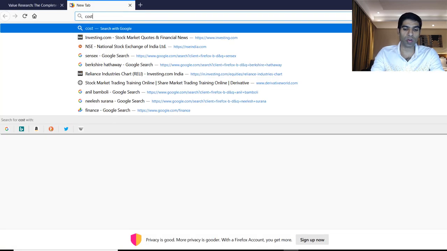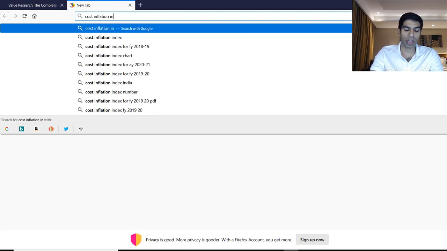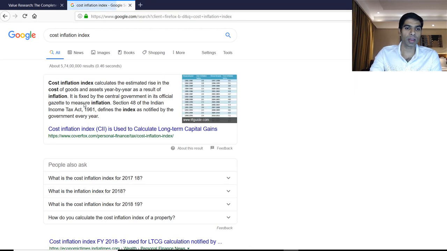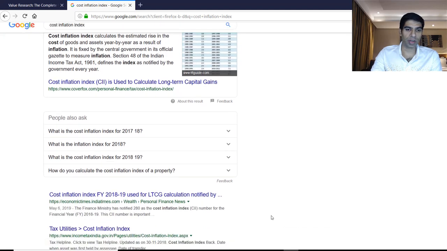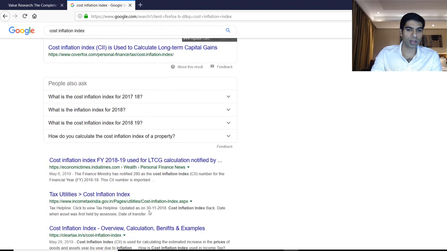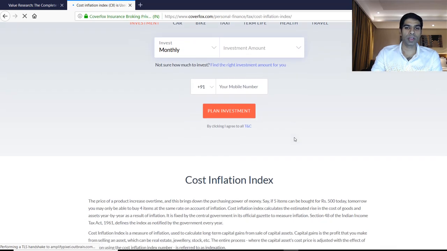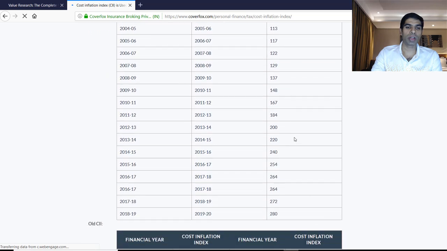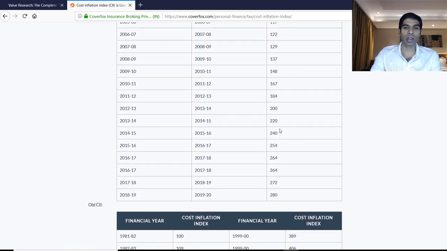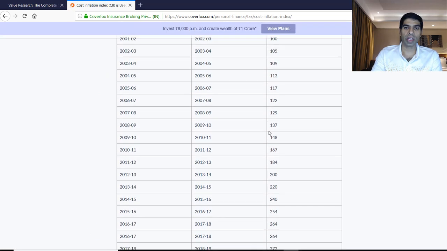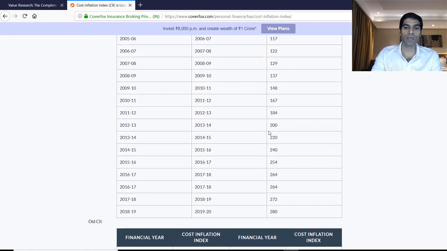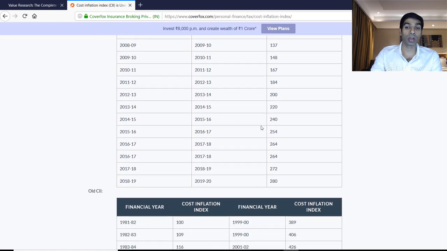Let's look at the cost inflation index. Okay, so this is the cost inflation index. Let's say we bought it in 2014 when the inflation index was 240, right? So let's just write this.